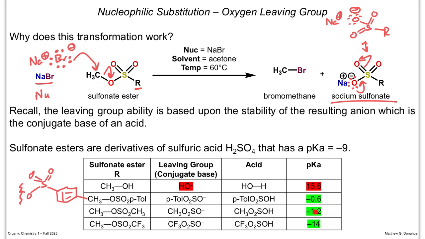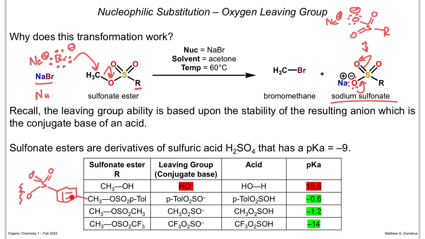And then there's the pKa values. The next one, the R group, is just methyl, CH3. And then the best leaving group is where the R is CF3. So the conjugate acid of that is called triflic acid, and it has a pKa of negative 14. So that's kind of the hottest leaving group you can use in terms of its reactivity.